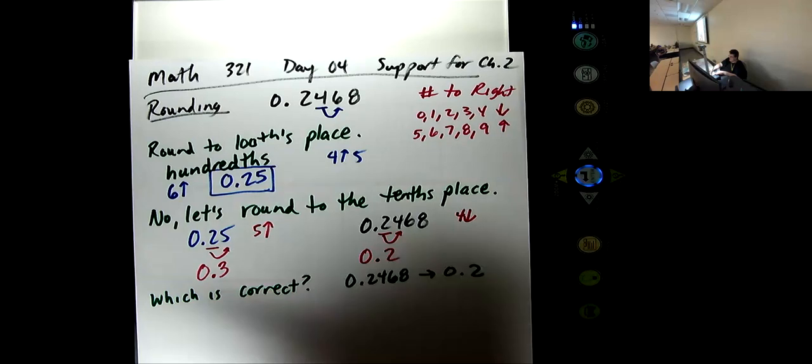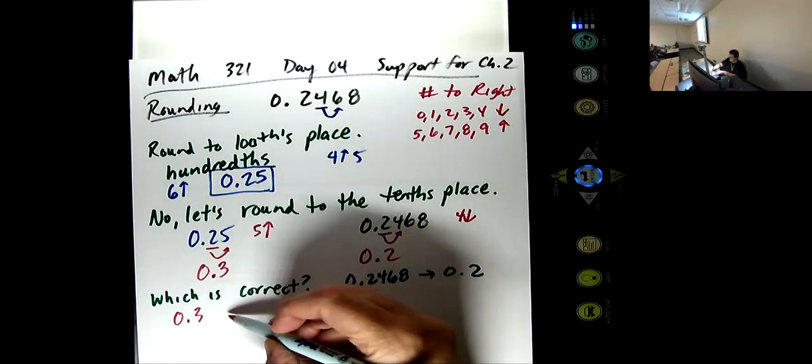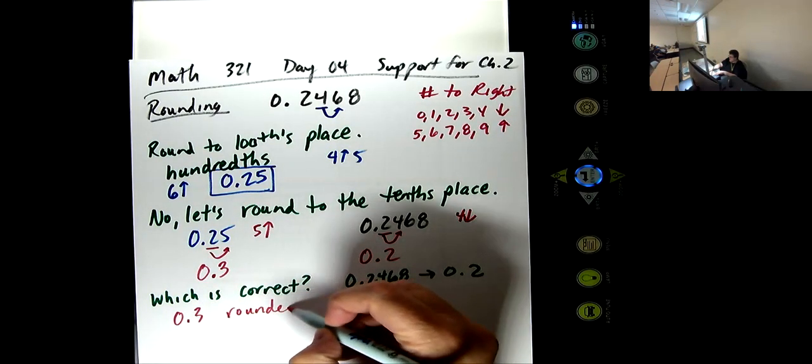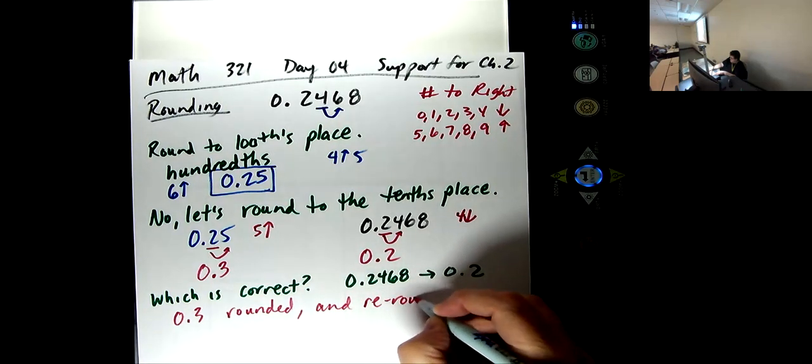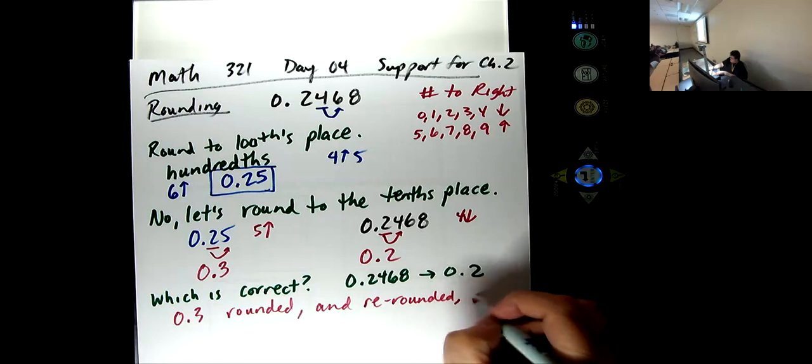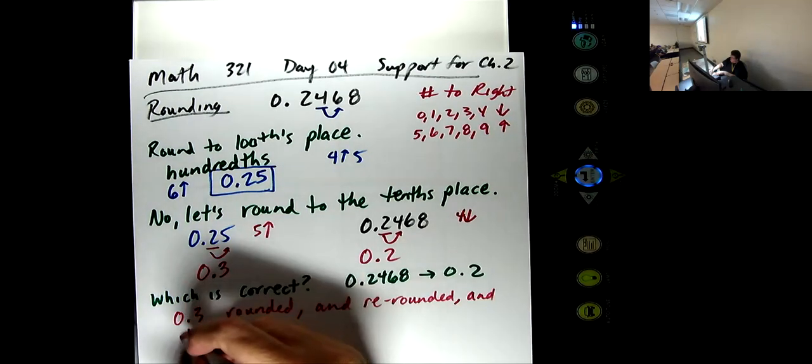The problem with the 0.3 is we rounded and then re-rounded. And the first rounding changed the final output.